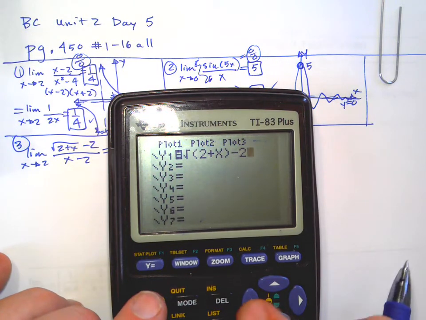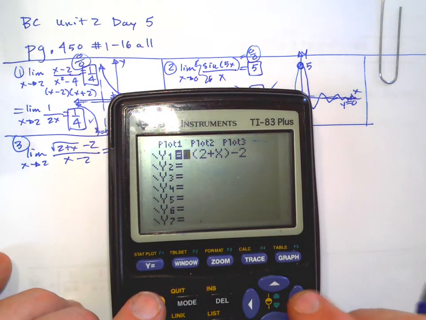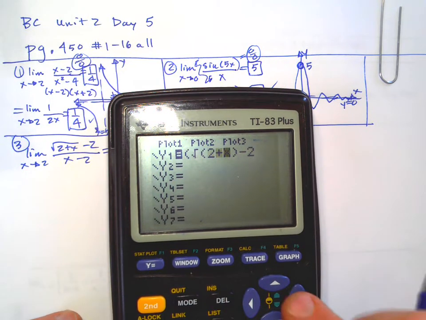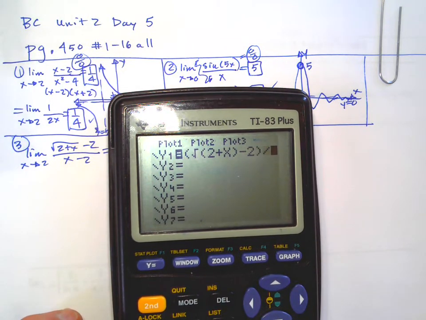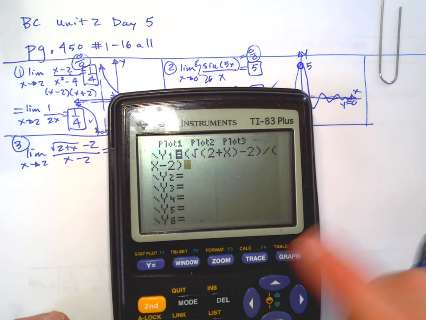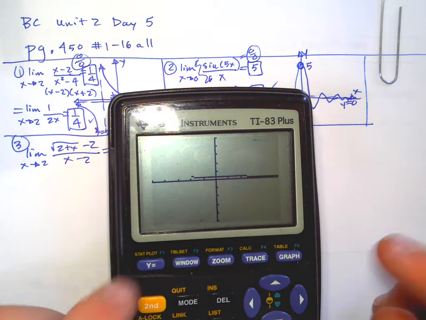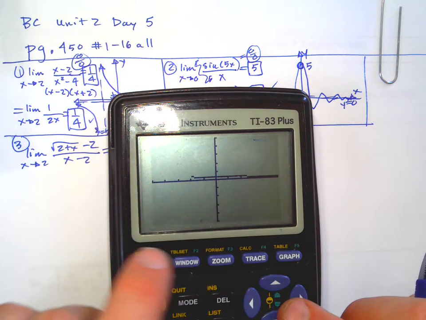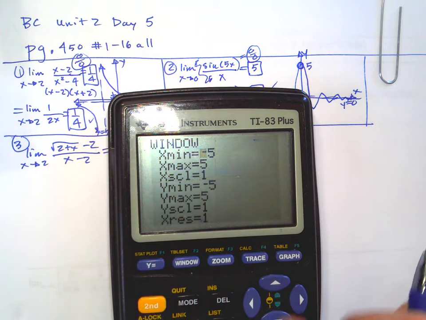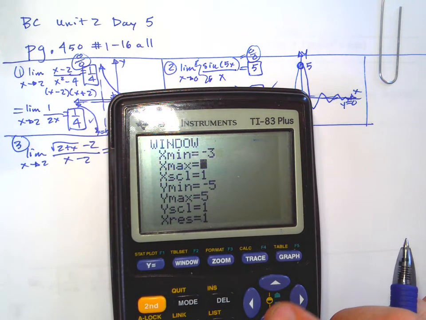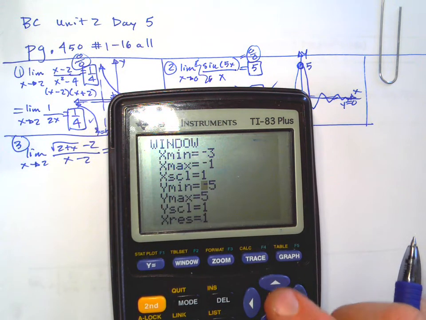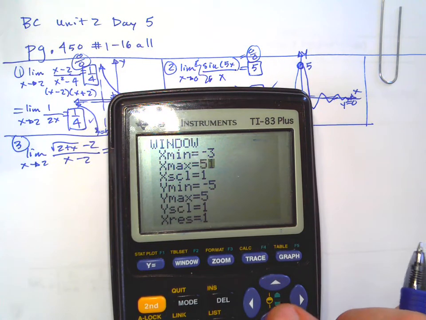We do need parentheses around the whole numerator. So second insert divided by parentheses x minus 2, close, graph. It's kind of weird. I think we get a better view of it. Maybe -3, -1 to, sorry, to 5, maybe -1 to 2.